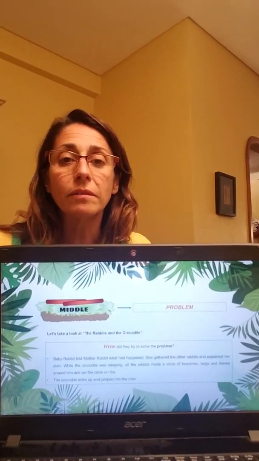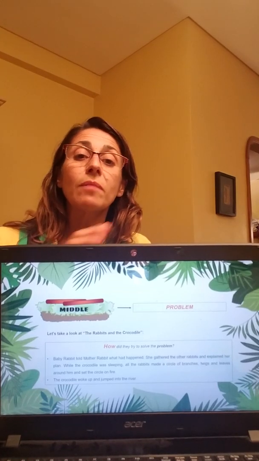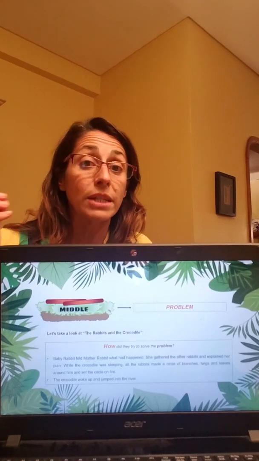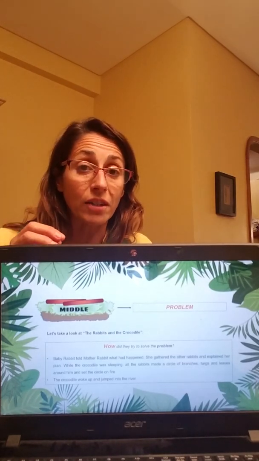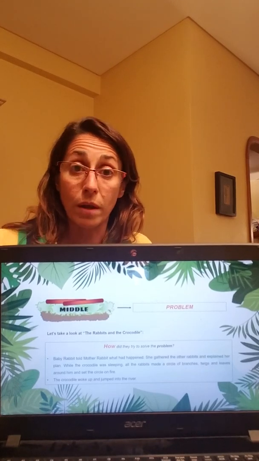What about the middle? What happens in the middle of every story? Well, in the middle of every story, the problem is developed. It means that the problem is explained in more detail and the characters start looking for solutions to that problem.